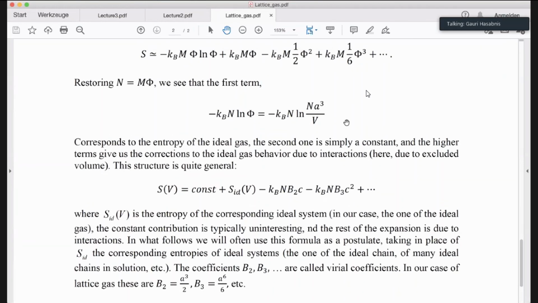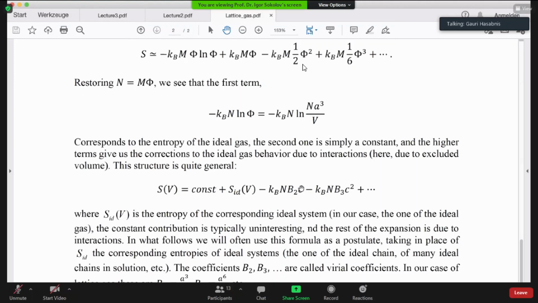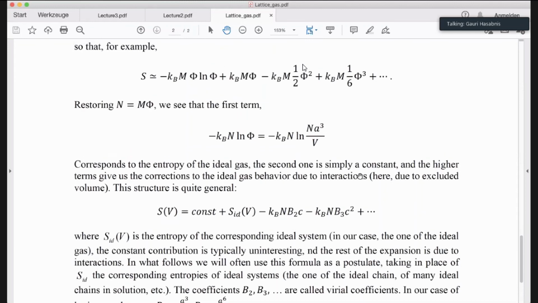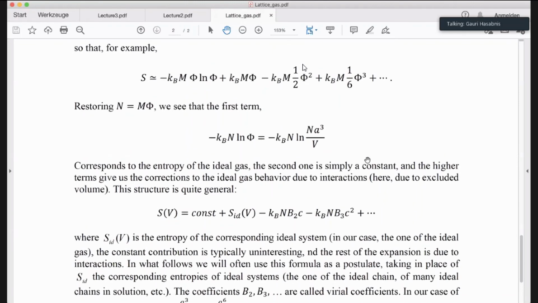Right now we can see the general structure. I'm a little bit lost: constant plus the ideal system entropy plus these coefficients. The coefficients are okay, but I don't understand the constant and the ideal gas system entropy.